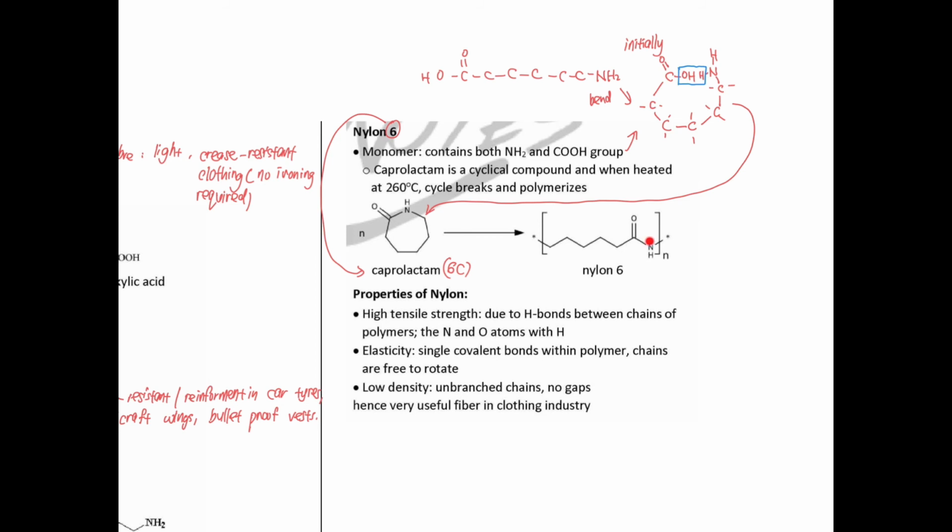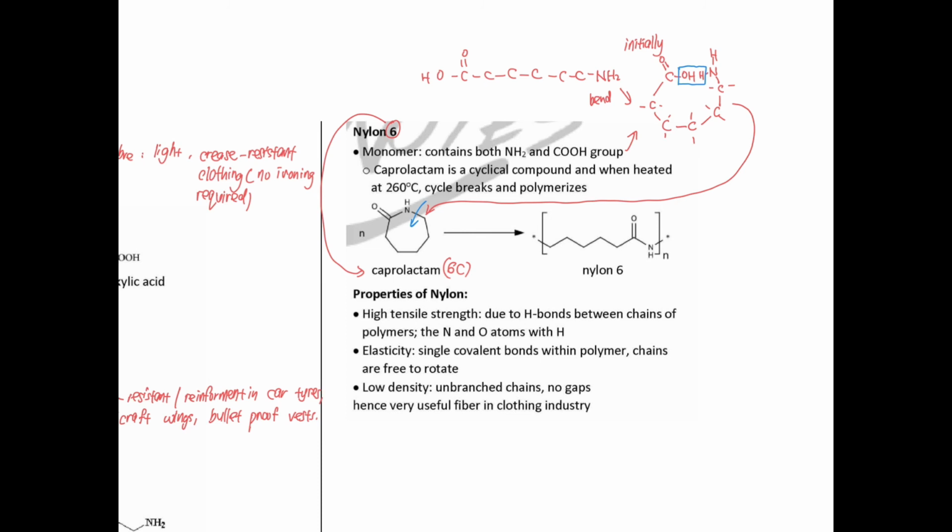As you can see, CO and H remain. So you should expect it to break here. And then they join with others. This breaking point, the other side joins with others also. So we should expect it to break somewhere around here. Now they break and then they form nylon 6.